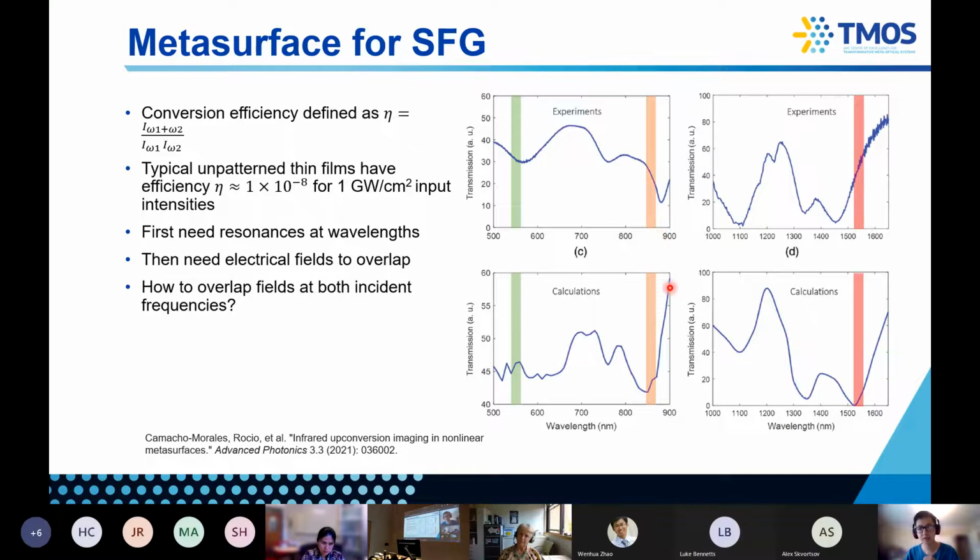And you can see how the resonant behavior in the calculations is not so obvious. The resonance is present, of course, but not as strong as it is possible, right? And so how can we tailor particular metasurfaces to enhance this resonant behavior, as well as overlap incident fields?